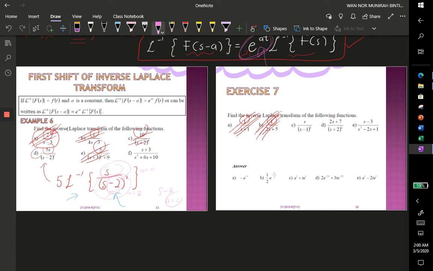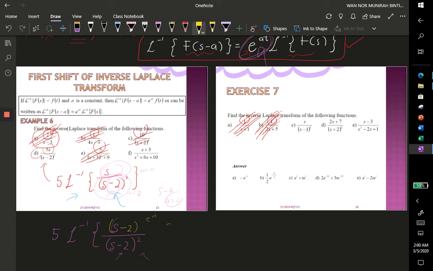So what you need to do is you have 5, Laplace inverse of s minus 2 squared. We want to take out e^(2t). So your s here is s, but this s must follow s minus a at your denominator. It means that you need to modify a bit. So you just follow s minus 2, so that you can take out e^(2t) after this. That is the idea.